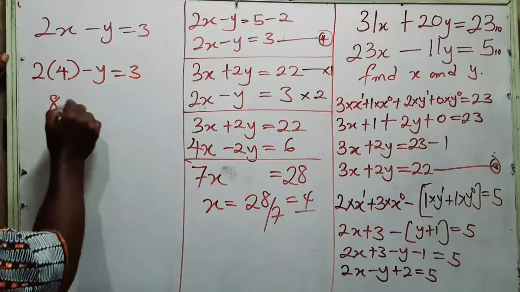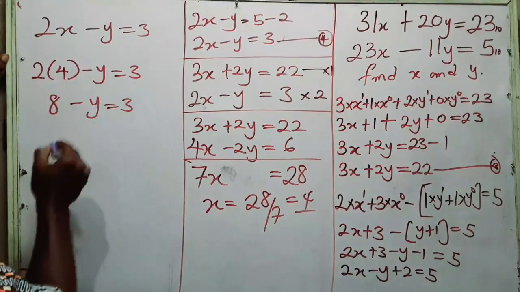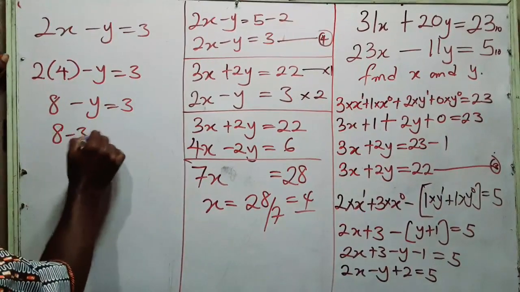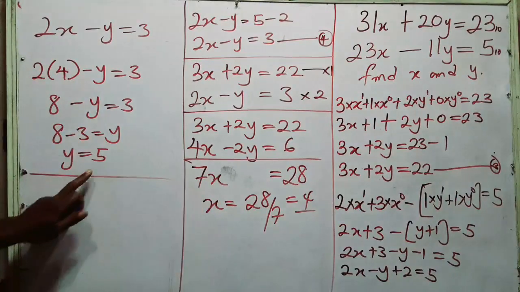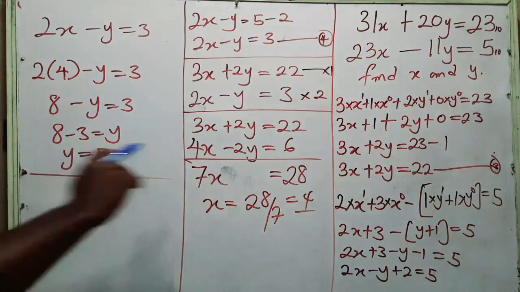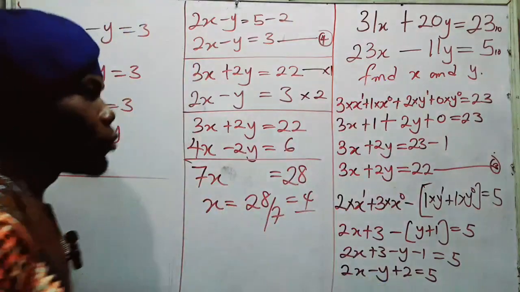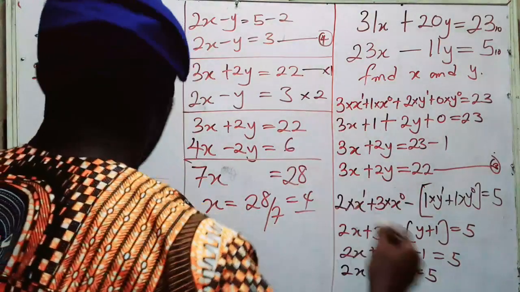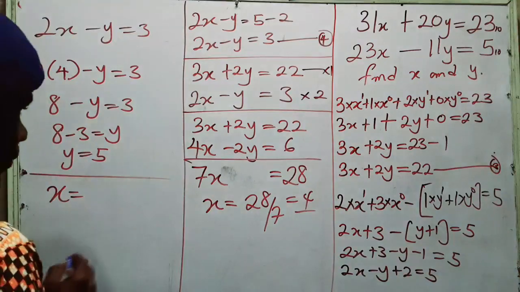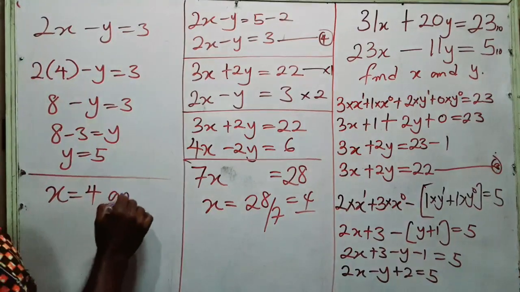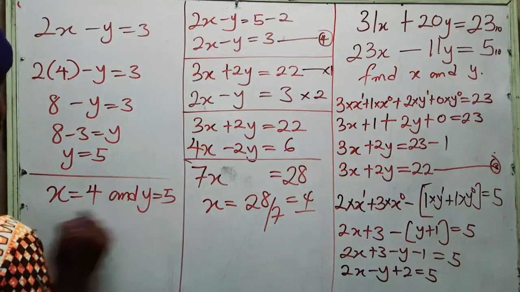We have 8 minus y is equal to 3. So 8 minus 3 is equal to y. y is equal to 5. So the values of x and y are: x is 4 and y is 5.